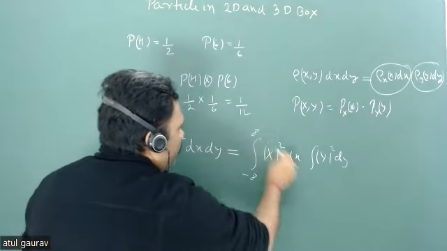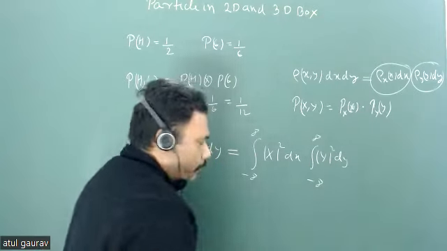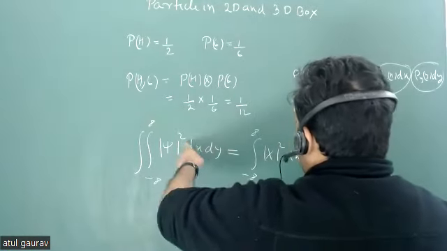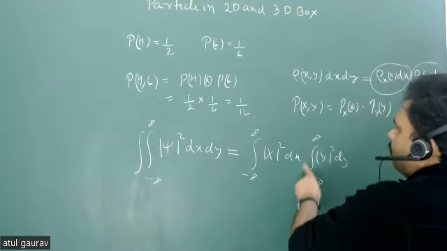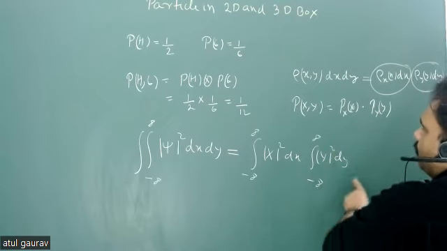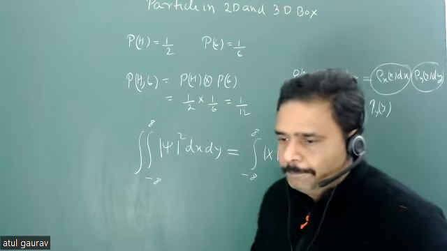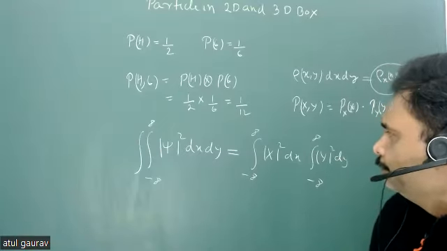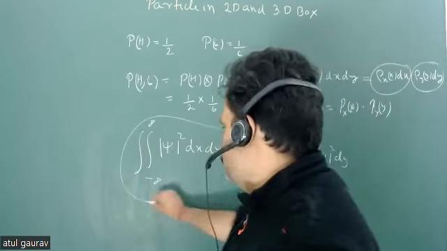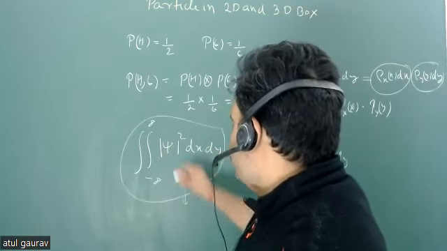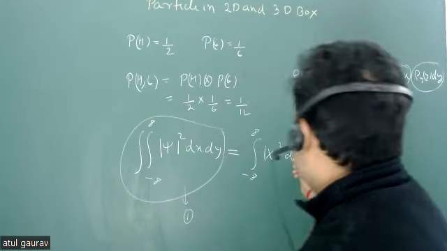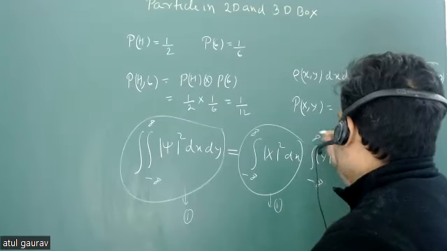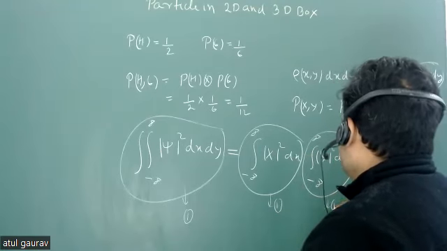If this wave function is normalized, then individually this wave function must also be normalized, and this one must also be normalized. Everyone is comfortable right now? Suppose this is normalized, because mod psi square is probability density, then this is 1, and obviously this must also be 1, and this must also be 1.